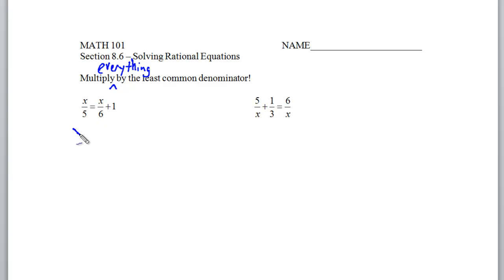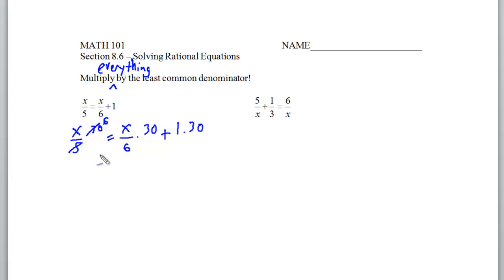So that means x over 5 is multiplied by 30, x over 6 is multiplied by 30, and 1 is multiplied by 30. Now this is not the same as getting common denominators. What happens here is when you multiply by 30, you get 30 over 5. But 30 over 5 can be simplified if I do cross canceling, or simplifying.